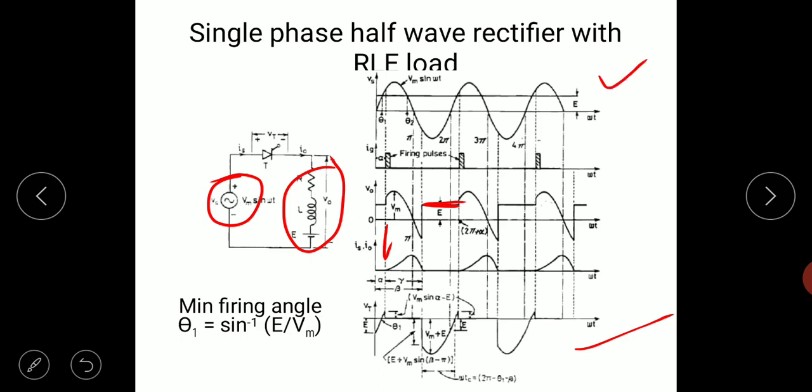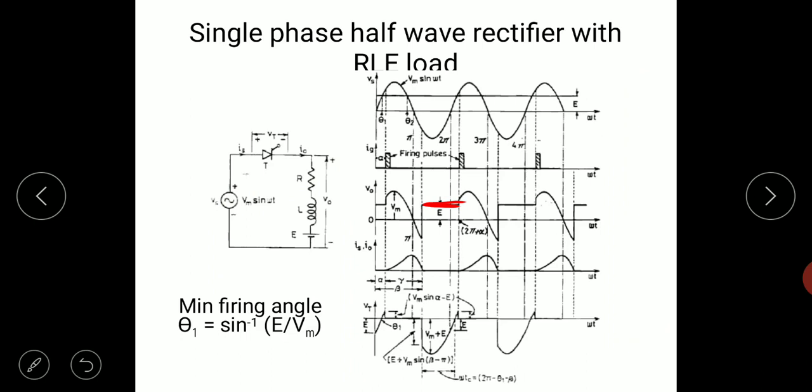So from Vs, if we subtract V0, we get Vt. So the duration where V0 is equal to Vs, Vt will be equal to 0.